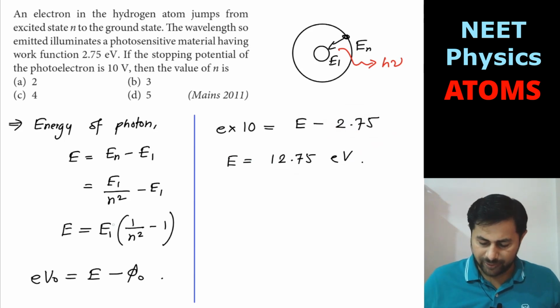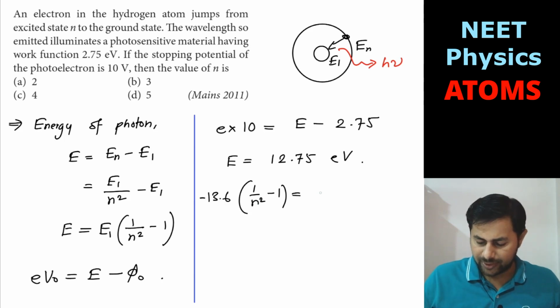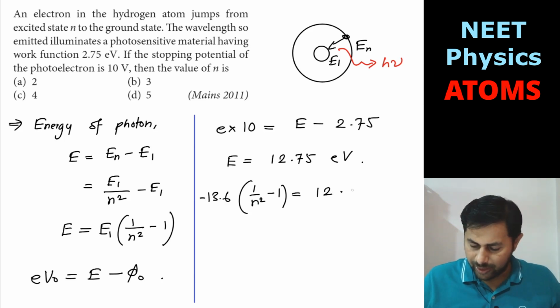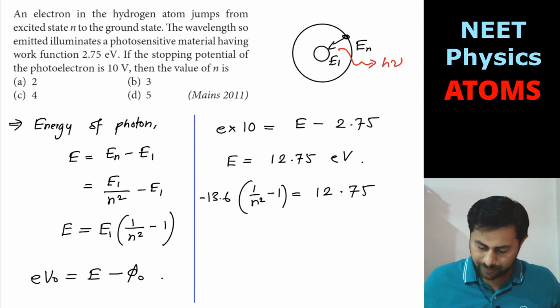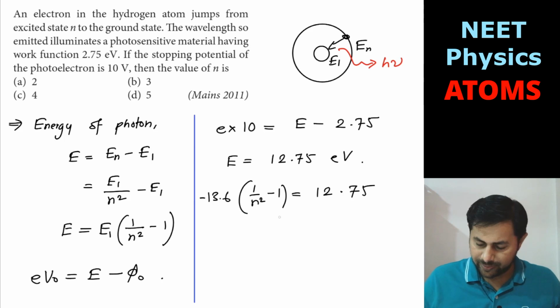And that is equal to E1 multiplied by 1 by N square minus 1, and what is E1? It's minus 13.6 electron volts, so that's equal to 12.75. All right, so then you need to solve this.